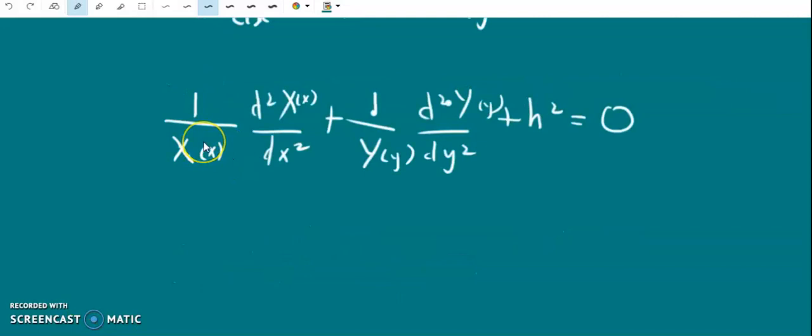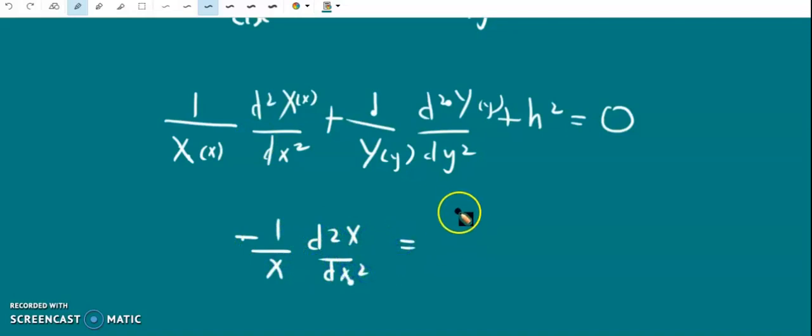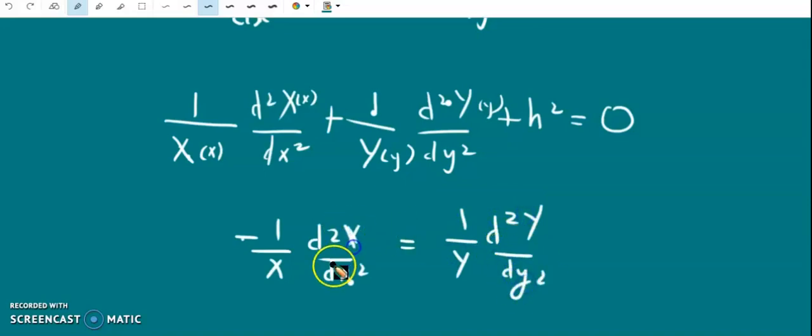Now we can take the first term to the right side. Then we get minus 1 over X d²X by dx² is equal to 1 over Y d²capital Y by dy² plus h². So this is capital X and this is small x.